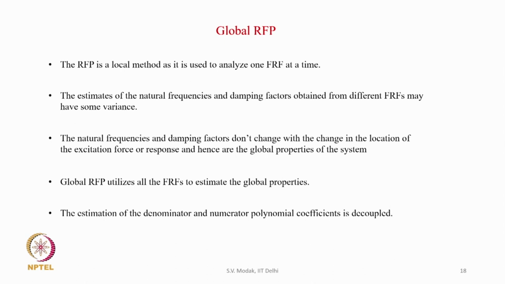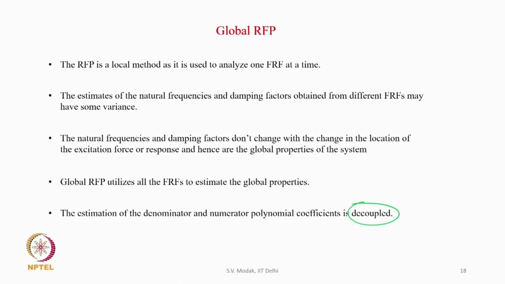First of all, we use all the FRFs to set up the equations which give us the denominator polynomial coefficients. Once that has been done, we solve for the poles of the system, and from the poles we find the natural frequencies and viscous damping factors.